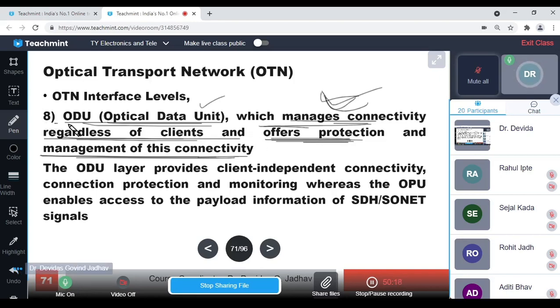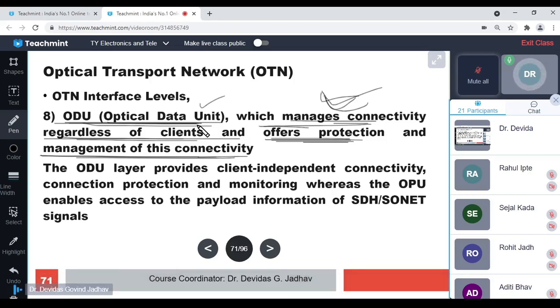So the ODU, optical data unit, manages connectivity regardless of the client, offers protection, and manages this connectivity. First, it establishes the connectivity regardless of the clients. Then for that connectivity, it offers the protection and manages it.